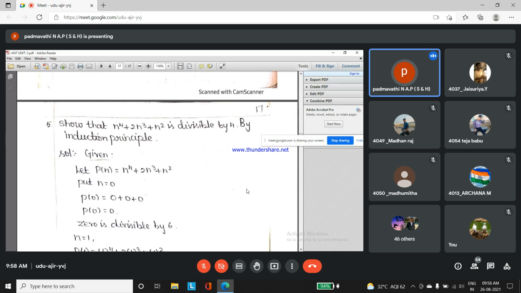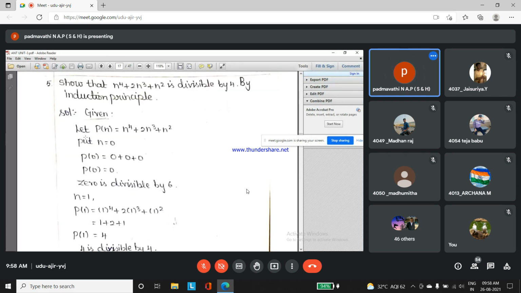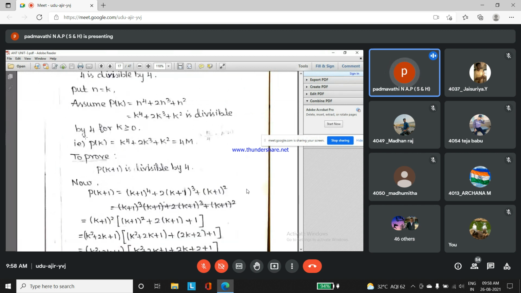Let us put n equal to 0, n equal to 1, 2, 3, etc., up to k plus 1. That is the induction principle. Then the binomial theorem. Just recall yesterday's topics.